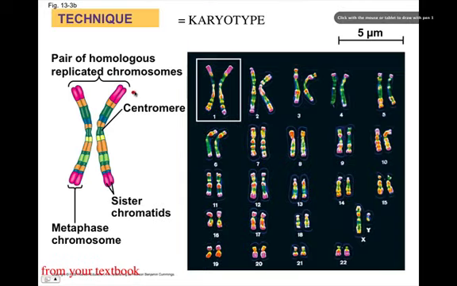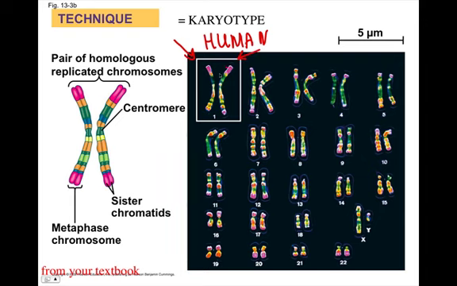And that is that here's a human karyotype. Humans have their genome in 23 chromosomes, and one of each was inherited from mom and one from dad, and those are called homologous chromosomes.